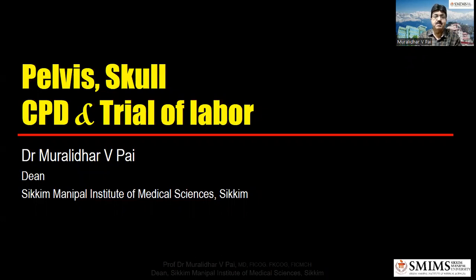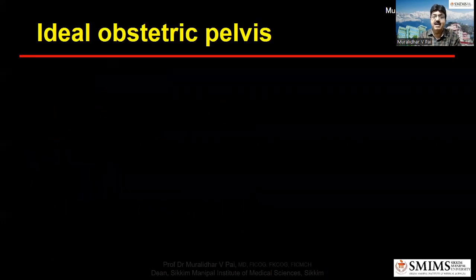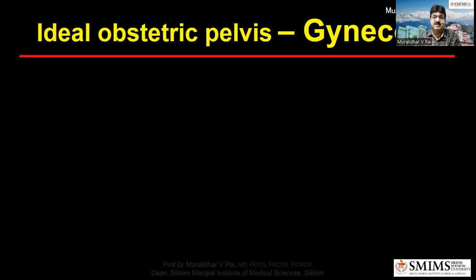Whenever we talk about CPD, trial of labor, we must talk about pelvis and skull. So I will start with the pelvic assessment and some important diameters and other aspects of the mechanism of labor. The ideal obstetric pelvis, of course, all of us know out of the four is gynecoid pelvis.